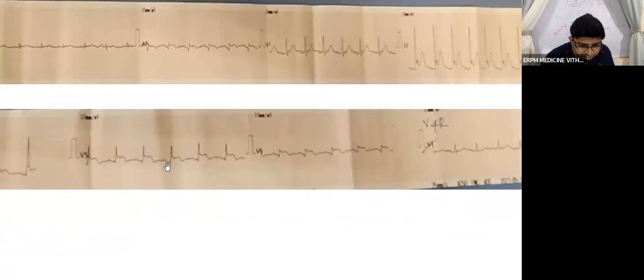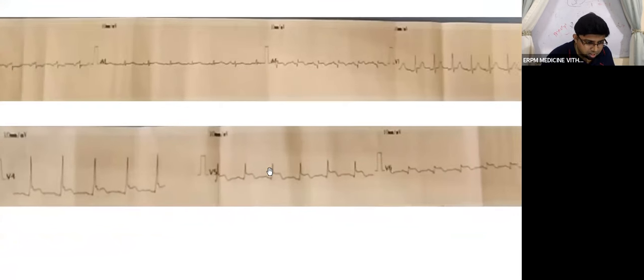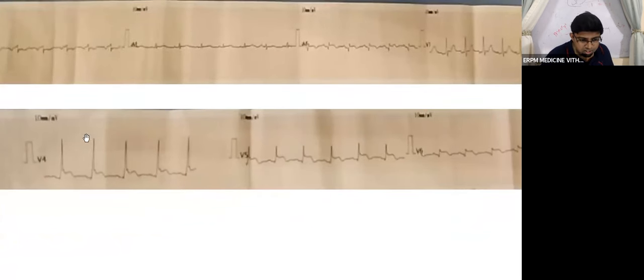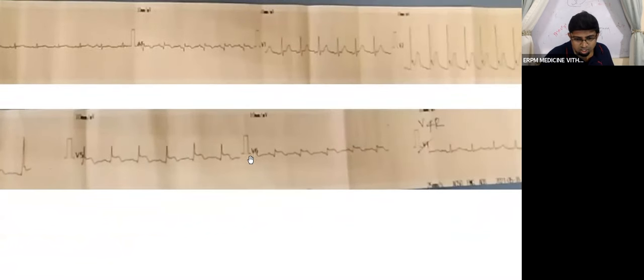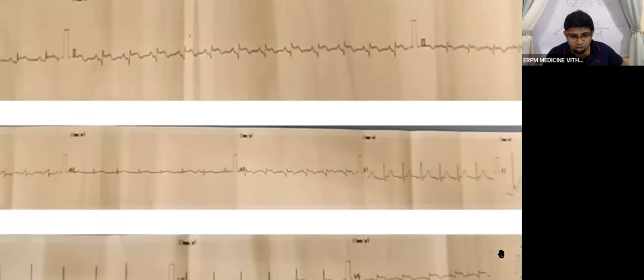This is your V4, V5, V6. I'll come back to this again. Is it clear? The image is not that clear though, but you can understand, because I'm checking on my iPad also now. Done.